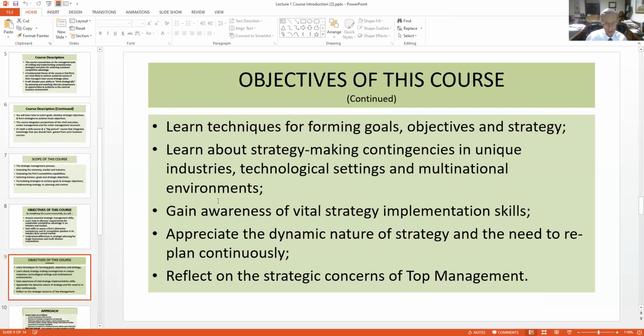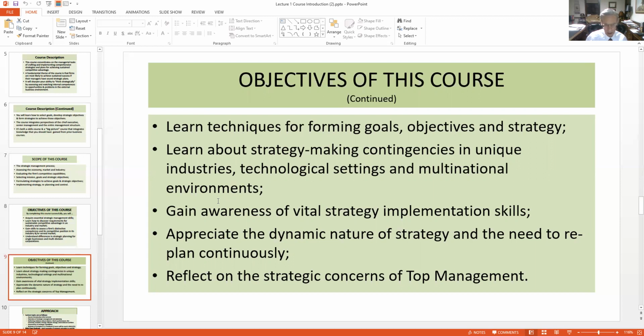So, sort of repeating everything here, your challenge, your objectives for this course: learn the techniques, learn about contingencies, that is how to select the strategy making methods that are appropriate for the environment that your firm is in, and become aware of implementation skills. There are so many that we're actually going to focus that time in Business 671.